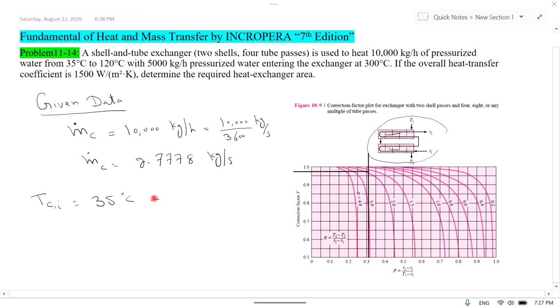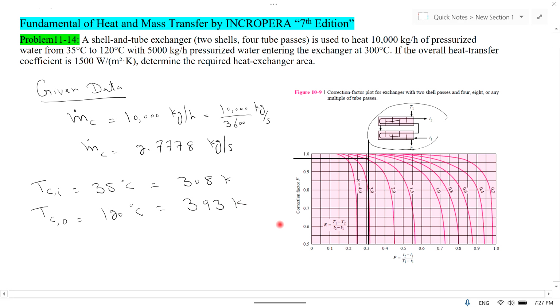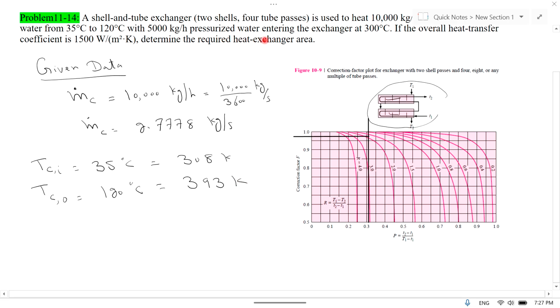Convert this into Kelvin, which is 35 plus 273, equal to 308 Kelvin. To 120 degrees centigrade, meaning the temperature of cold water outlet is 120. Convert this into Kelvin, which is equal to 393 Kelvin. With 5000 kilogram per hour pressurized water.